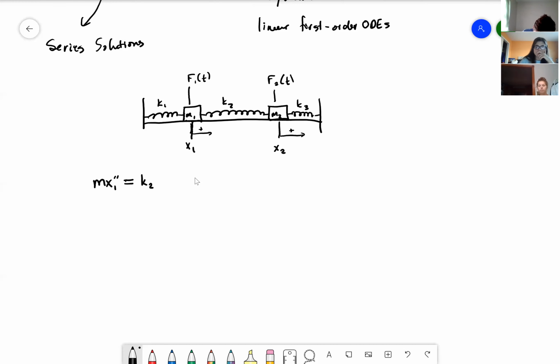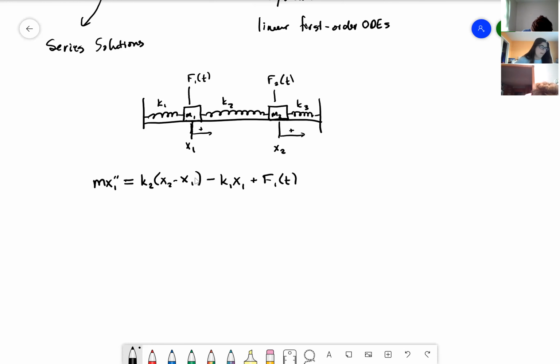And so that's given by x2 minus x1. And then there's a force due to the spring 1, spring constant K1. And that's working in the opposite direction because it's determined by how far we're stretching in this direction. It will apply a force in this direction. And then there's the outside force F1.